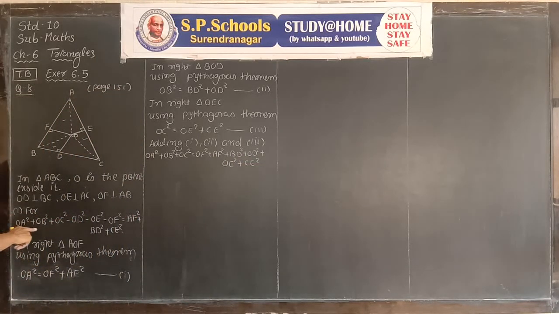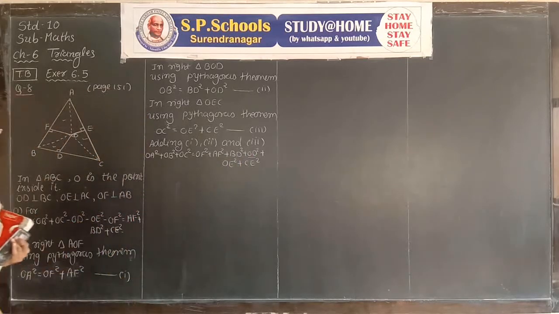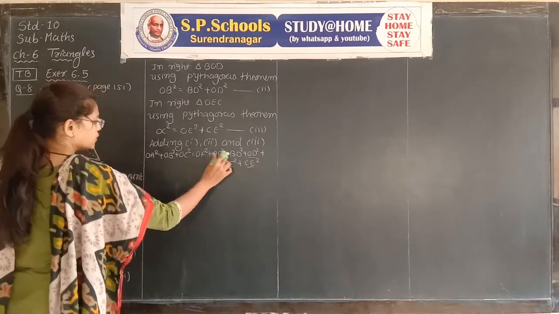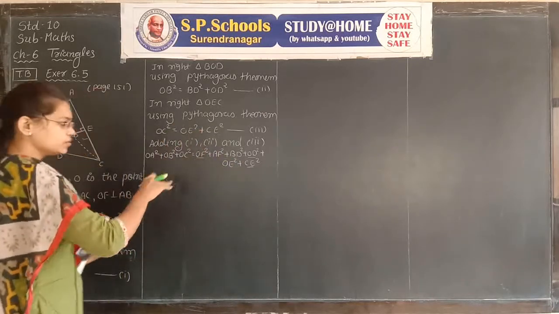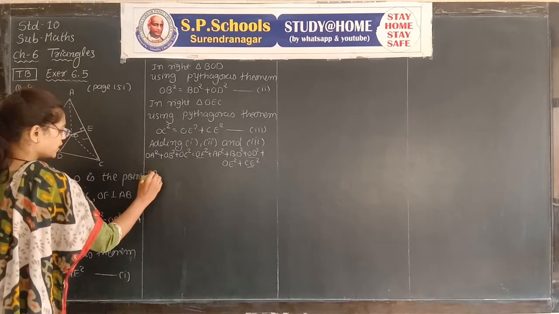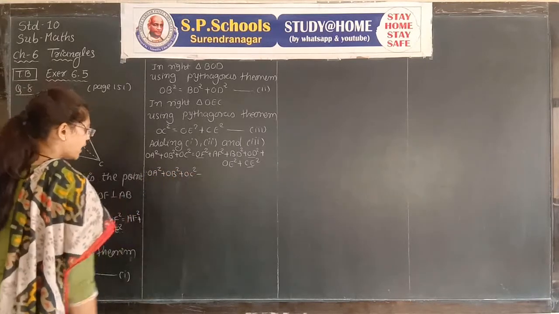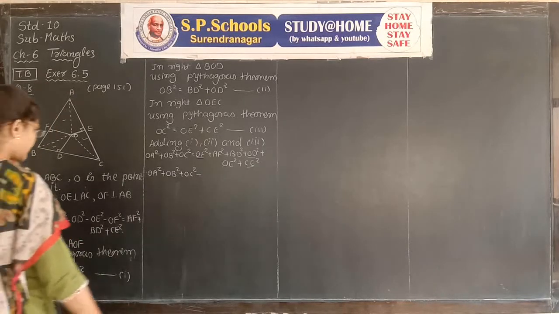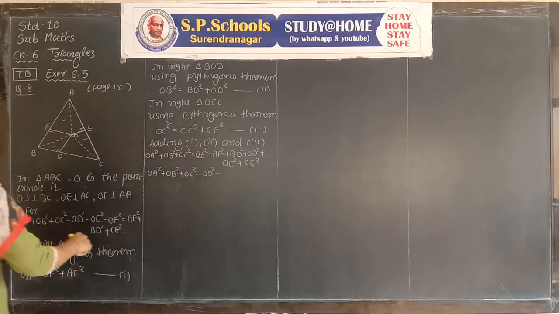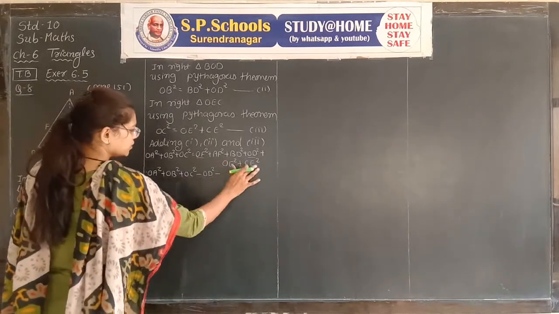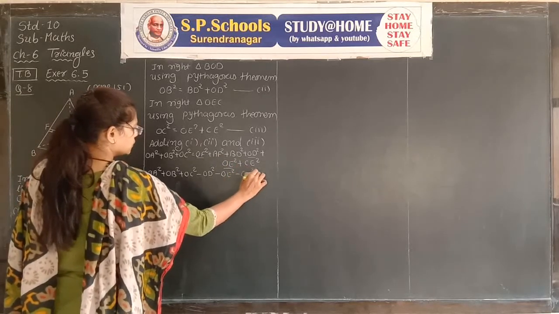But we require OA square plus OB square plus OC square minus OD square minus OE square minus OF square. Shift these 3 squares from the right hand side to the left hand side. So OA square plus OB square plus OC square minus OD square, minus OE square and minus OF square.